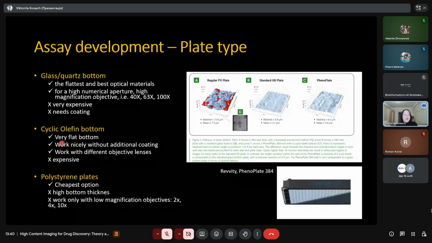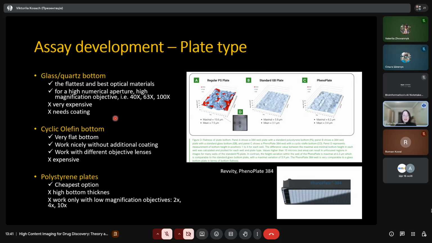And the second very, very important feature in assay development for high content imaging is plate type. One of the best for image properties are glass quartz bottom plates. They are the flattest, and they are very nice for high numerical aperture, high resolution objective lenses. However, they are very expensive, they need coating, and they are also quite fragile.